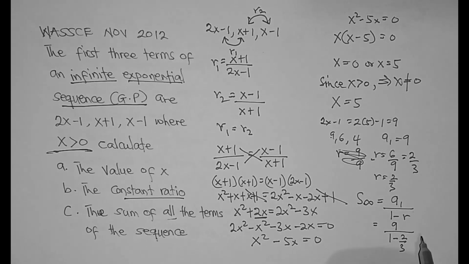So this is equal to 9 divided by 1 minus 2 over 3, which is 1 divided by 3. So this is equal to 9 times 3 divided by 1, which is equal to 27.